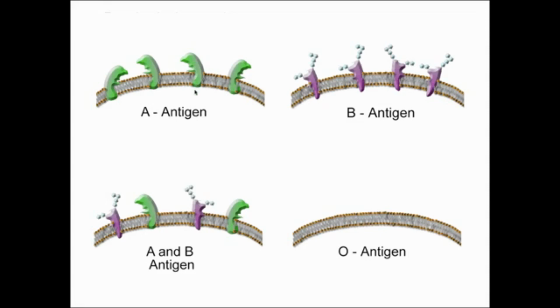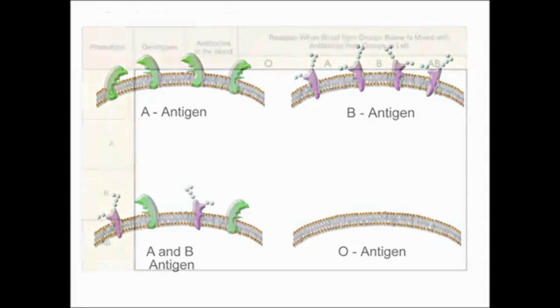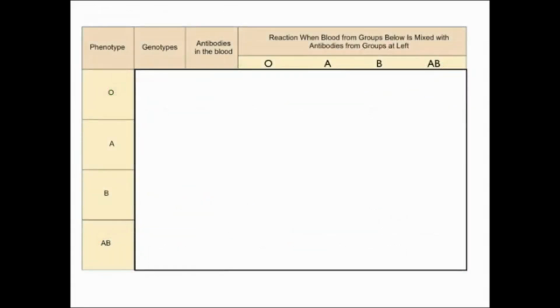That's the idea. So here are the A sprinkle people, here are the B sprinkle people, these are people with both A and B, and these are the plain donuts, type O. All right, so we're going to be looking at the different phenotypes for ABO that are possible and what's going to happen when you mix each of these four phenotypes with the other blood types.